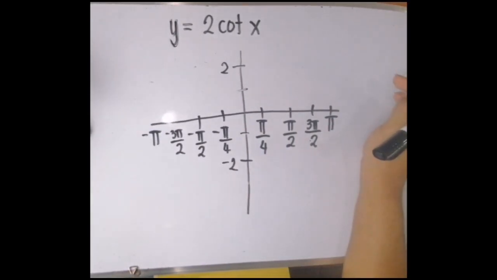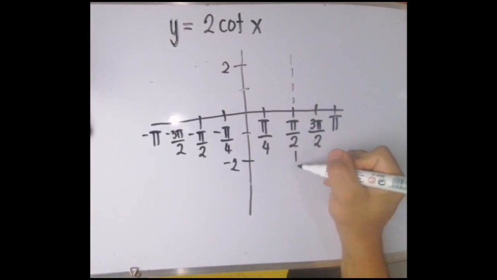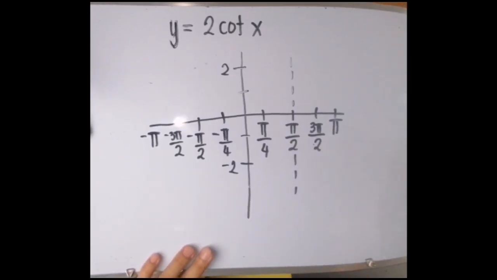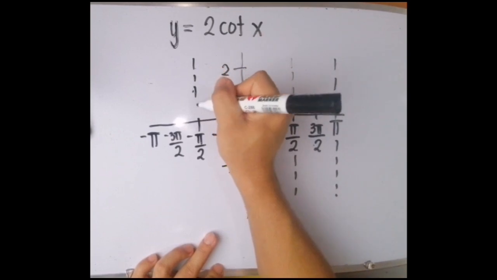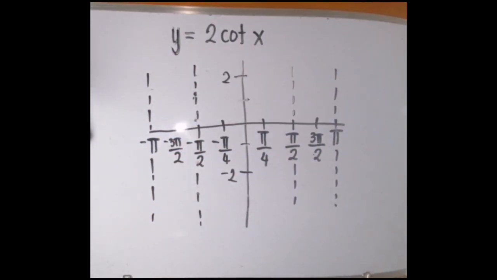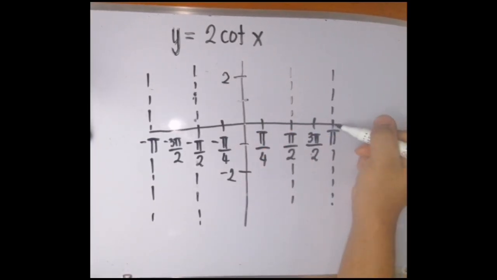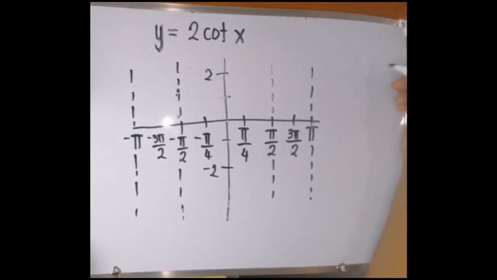So let us draw the vertical asymptote. So I'll go here and here. The same on the left side. So let's plot the points. Let's focus on the area between 0 and pi. We need to keep in mind that cotangent is a decreasing function, so it should look like this.